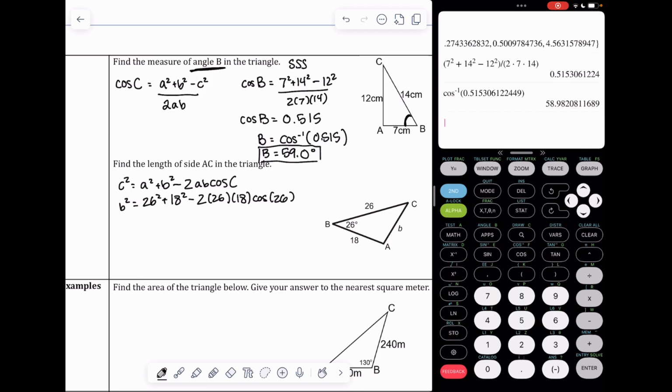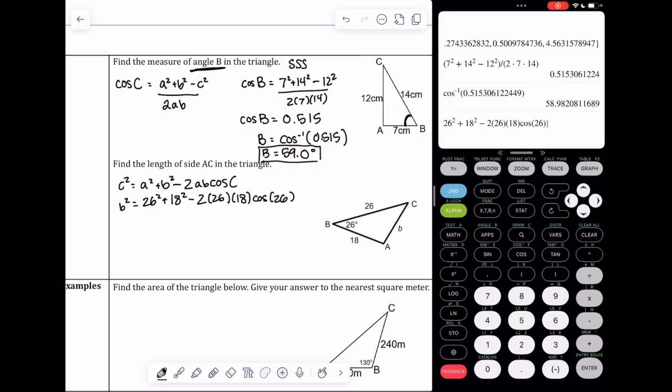All right, so here we've got to figure out what all that stuff on the right equals.